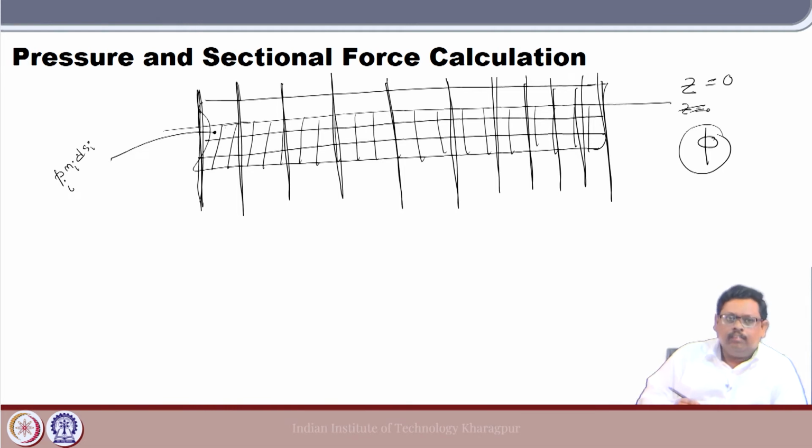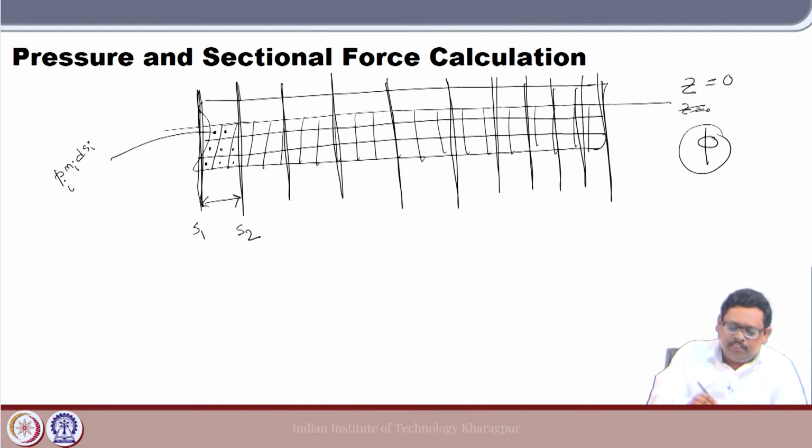So, what we can now do is, I know which panels are between this section and this section. Let us say this is section line number 1, this is section line number 2. Within section line 1 and section line 2, I can get all the panels.